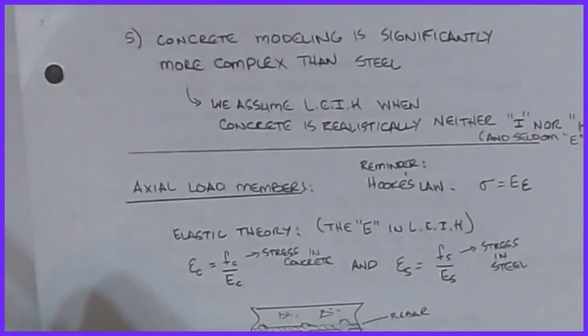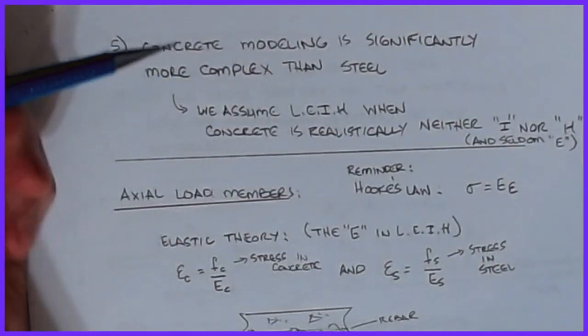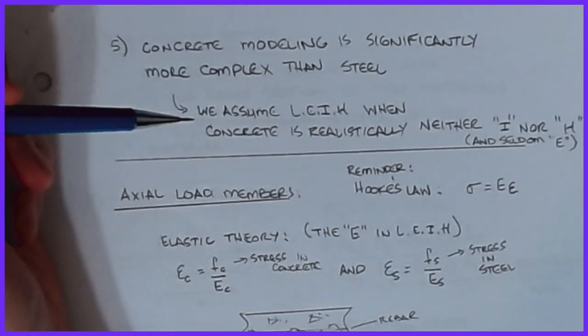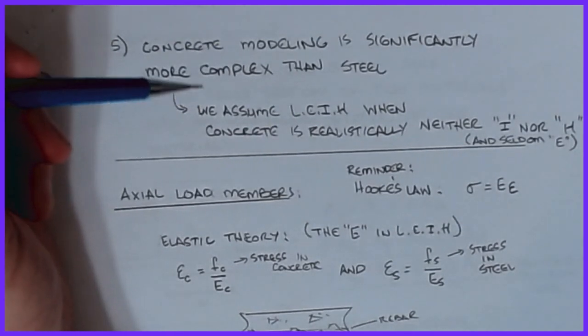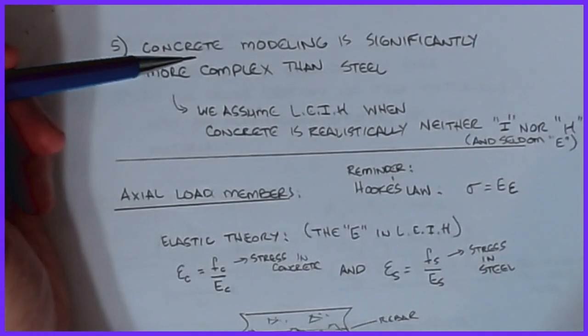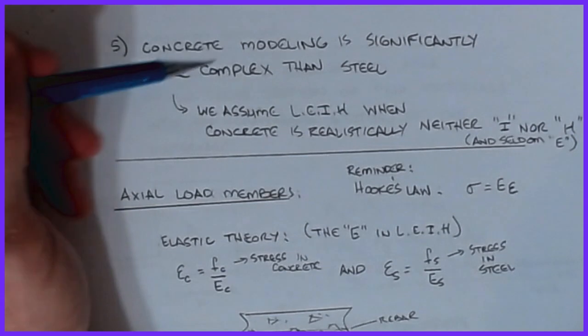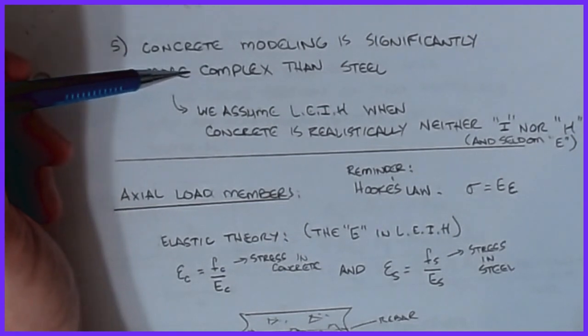Okay, all right. The next one then is that the computer modeling of concrete is significantly more complex than steel. And again, part of that comes back to how do you model bond? How do you model the different particle sizes and the stresses and strains that each of those particles wants to take? Okay.